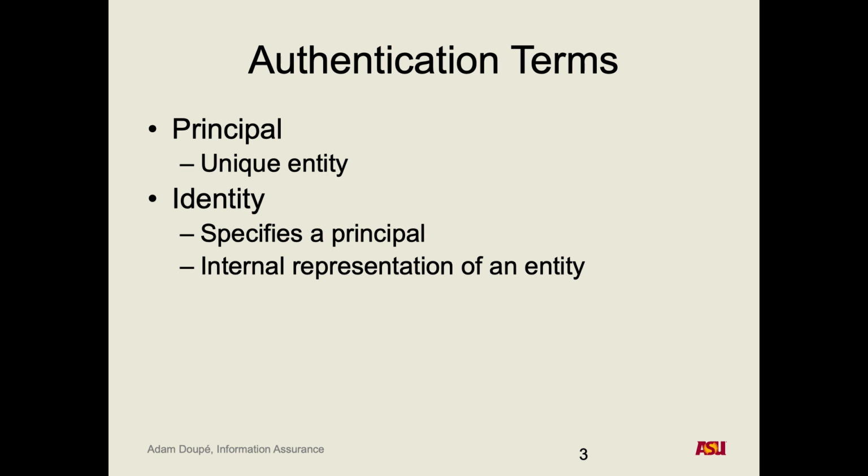It's your representation inside ASU's system, just a unique number that uniquely identifies you in their system. So in that case, you, the person, are the principal. Your identity to ASU is your ASU ID. Similarly, email accounts will have an identifier, all these kinds of things. Some unique way for the system to identify you. Good.